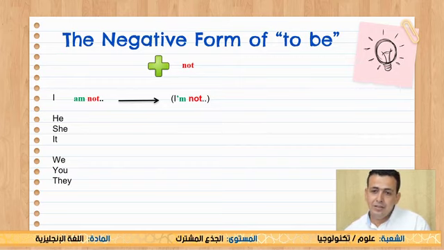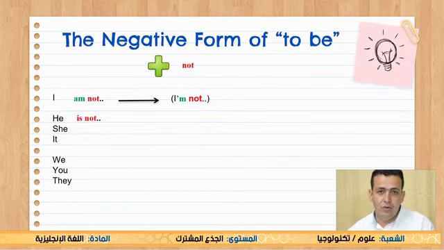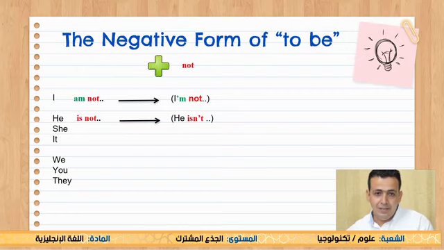Let's see he. So he takes is, and we add not, and it becomes he is not. We make it short as well, and it becomes he isn't. Then you finish the sentence with something else, of course, either a feeling or a description or a color, etc.